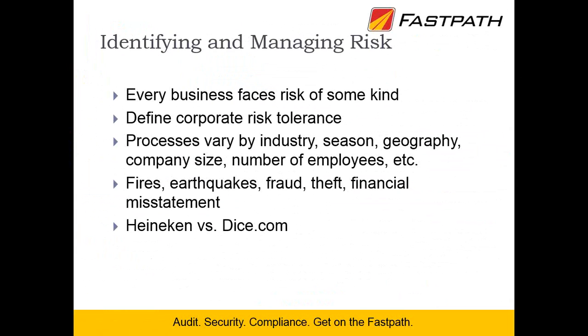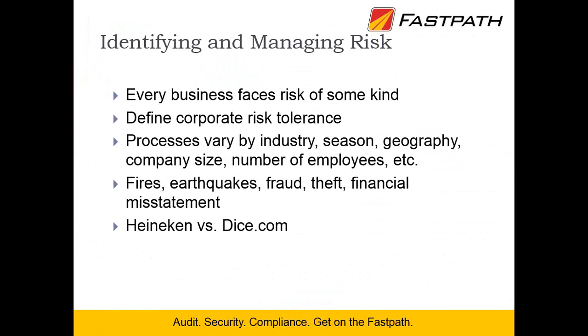Well, Dice doesn't have physical inventory, right? There's no warehouse that has jobs out in the back. But their risk is more based on financial risk, right, of handling of cash. Their risk may be based on how they handle credit cards, because if they had issues with PCI compliance and lose their ability to process credit cards, that would be detrimental to their business.